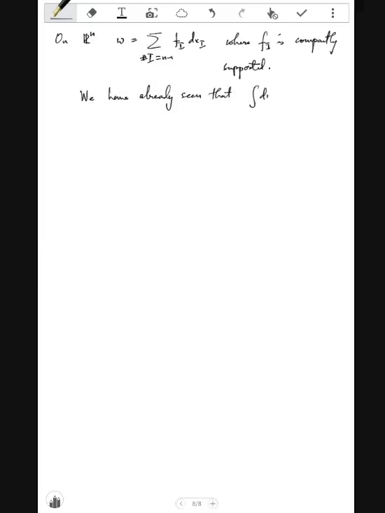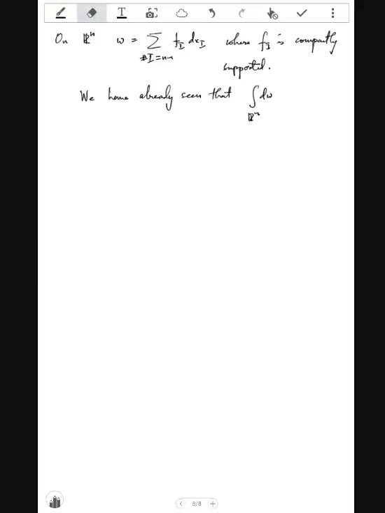Omega can be written as a sum over cardinality of I equal to n minus 1 of f sub I dxI, where f sub I is compactly supported, and we have already seen, we've seen this before, that integral d omega over Rn is 0.